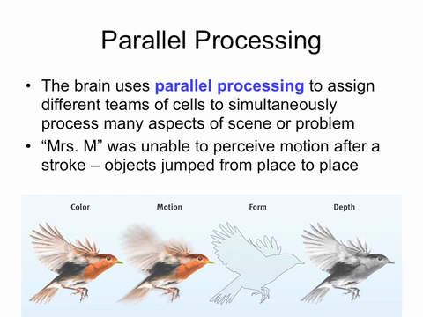There have been cases, as one is mentioned in your book, and we'll talk about her in class, Mrs. M, who was unable to perceive motion because a stroke damaged those certain feature detector cells, and that just meant that objects jumped from place to place. A very interesting example that we'll explore more in class: we don't realize how much information is being simultaneously processed by that very amazing brain of ours.